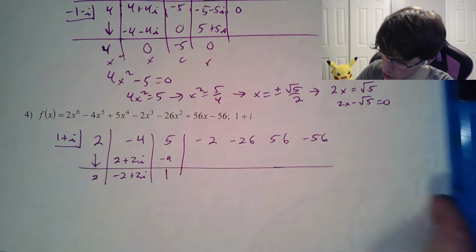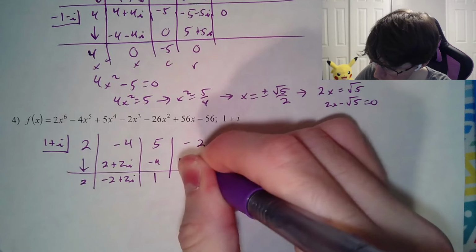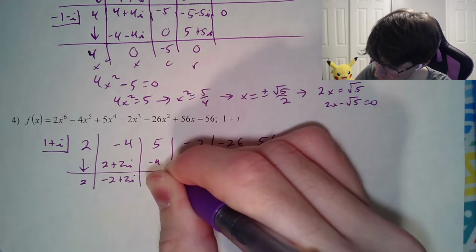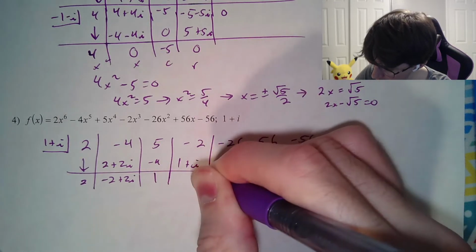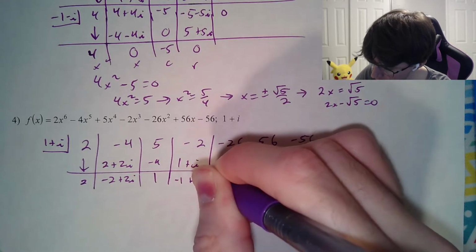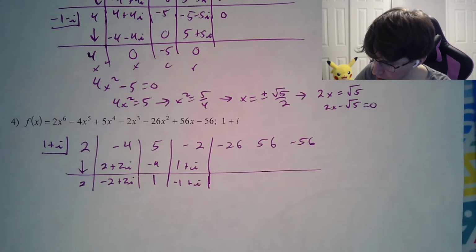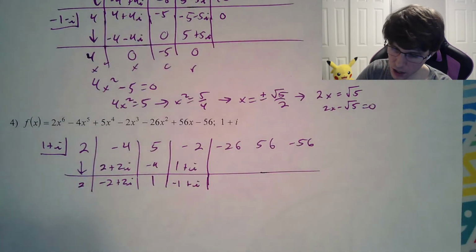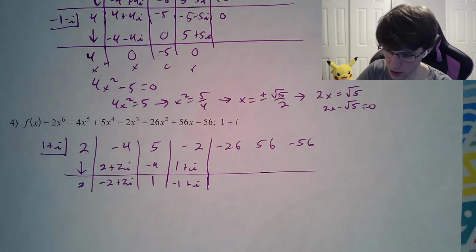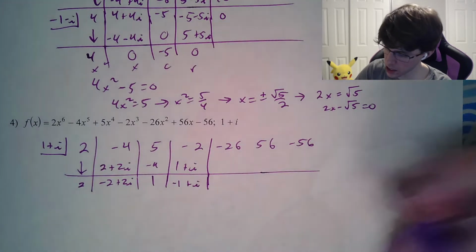It gives you a nice, beautiful 1 plus i, and that's going to give you negative 1 plus i when you add them up. And then we got the conjugate pair situation going on, which actually makes it nice and easy again.